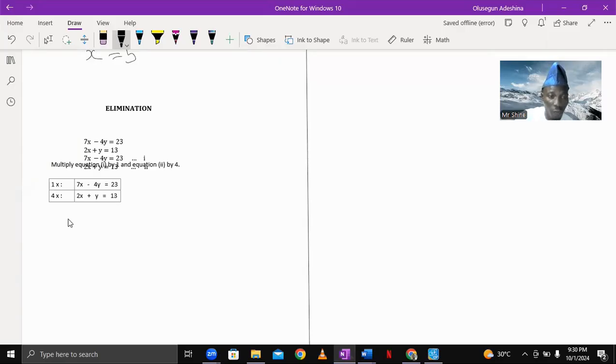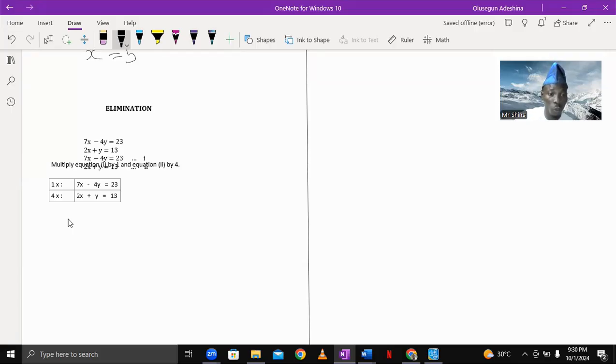When we multiply 4 by equation 2, then 4 times plus y will be plus 4y. So that way we are having 4y and 4y. Even though one is minus and one is plus, that does not matter. The sign will determine what we're doing later. So that is the exact reason. We want to make the coefficient of y in both equations having the same figure.